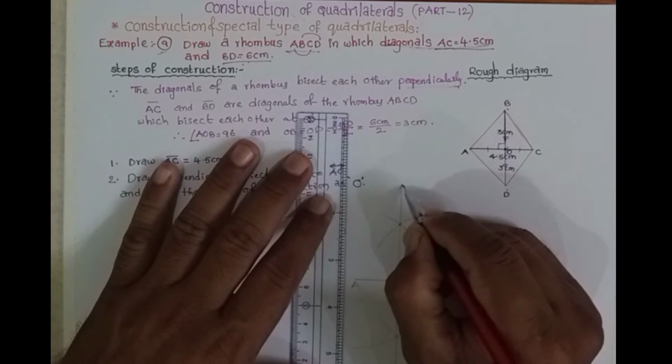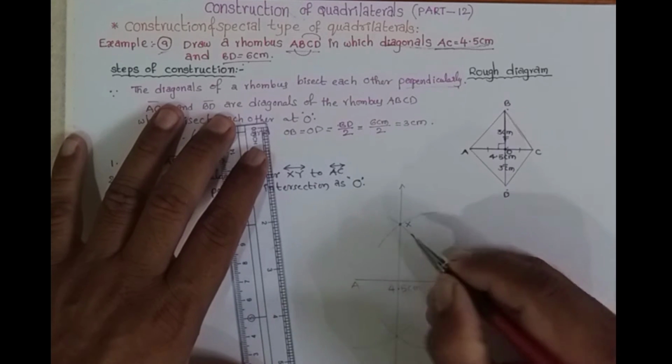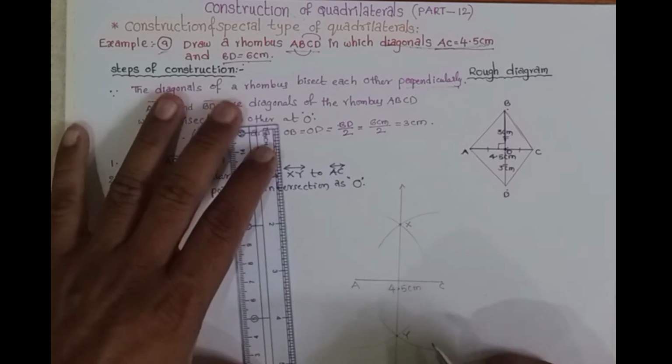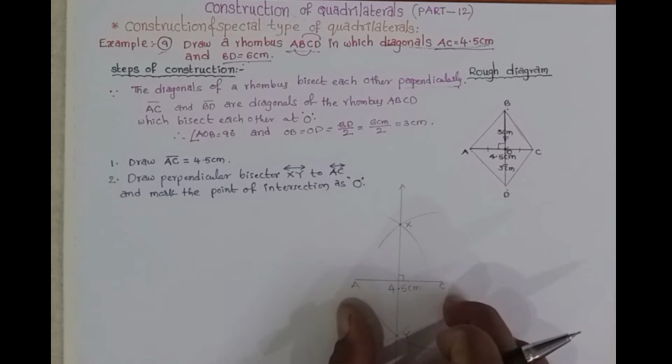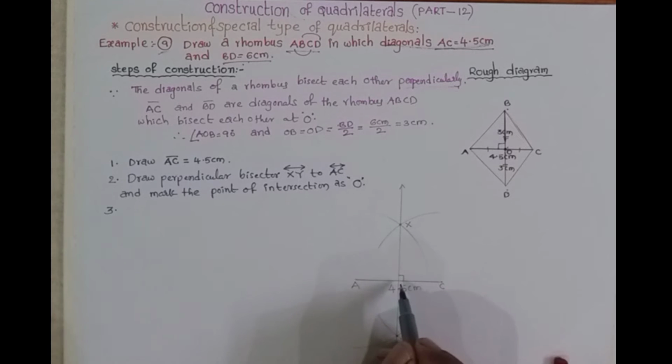That is, the cutting points are X and Y. So, XY is the perpendicular bisector of line segment AC. And let us denote the intersection point of AC and XY as O.